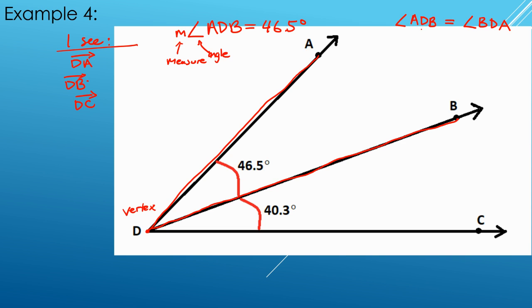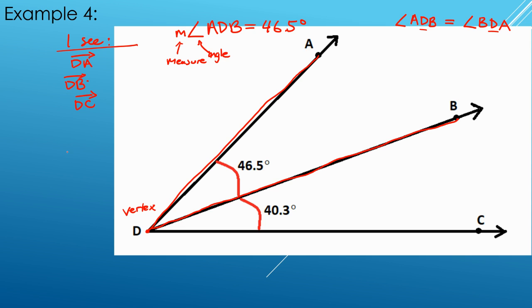The D has to be on the inside of both of these. Notice that D's in the middle here and D's in the middle there. It's in the middle between the other two points because it's the vertex. So you can go in any order you like, but the vertex has to be the one in the middle.